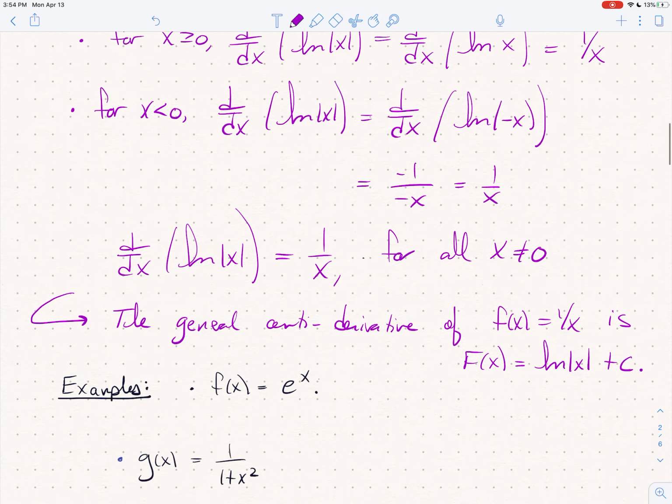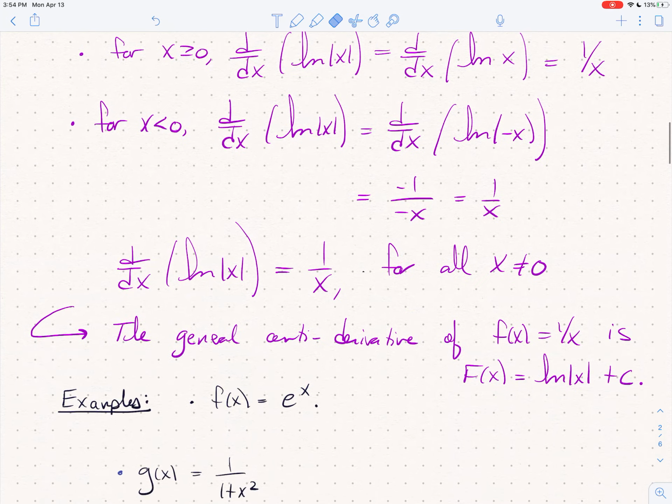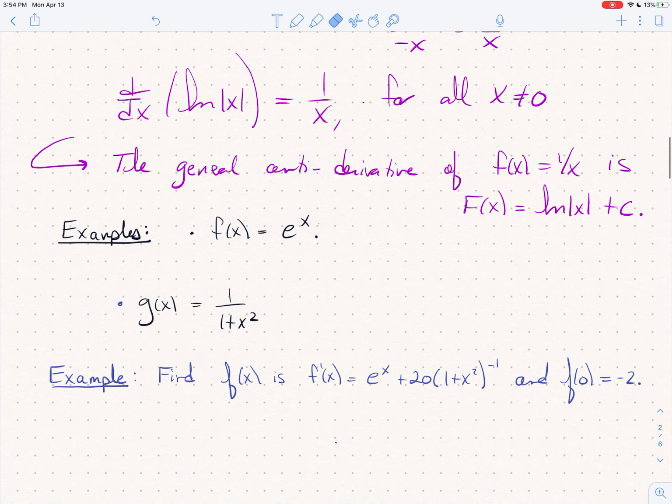And this is really important that we make this connection. We have this formula that says the antiderivative of x to the n, as long as n isn't equal to negative 1, but x to the minus 1 is 1 over x. And so now you know what the antiderivative is when n is equal to negative 1. It's just ln of absolute value of x.